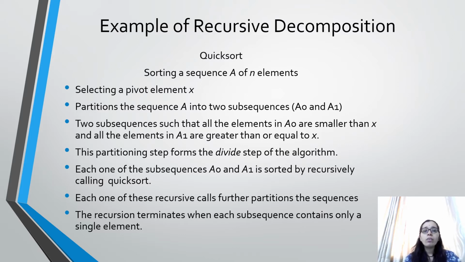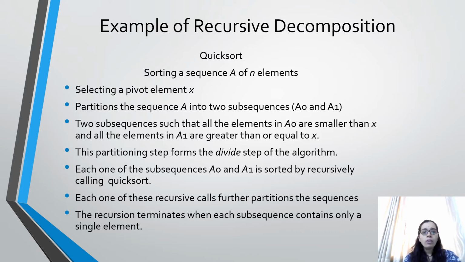The first step in quicksort is selecting a pivot element, which we denote as X. After selecting the pivot, partition the sequence A into two subsequences, A0 and A1, such that all the elements in A0 are smaller than X and all the elements in A1 are greater than or equal to X. This partitioning step forms the divide step of the algorithm.